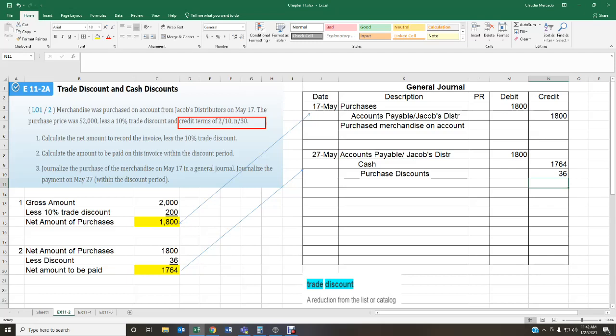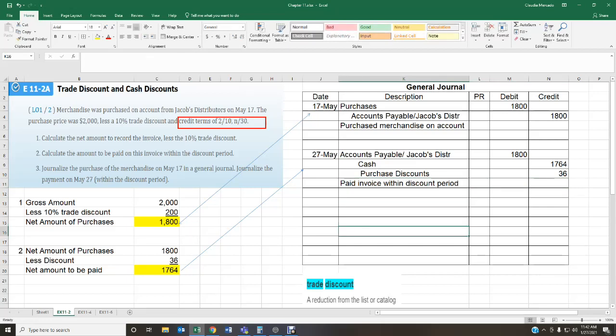You always have to clear the full amount. Cash, you only pay the actual amount that you calculated, the amount of the purchases less the discount. I'm going to pay $1,764, and the difference is your purchase discounts, which is put into a separate account called Purchase Discounts. And here we can put: we paid invoice within discount period.